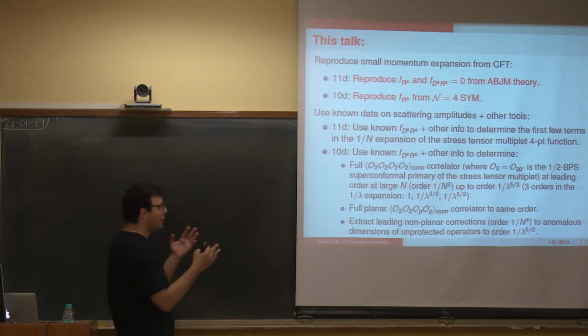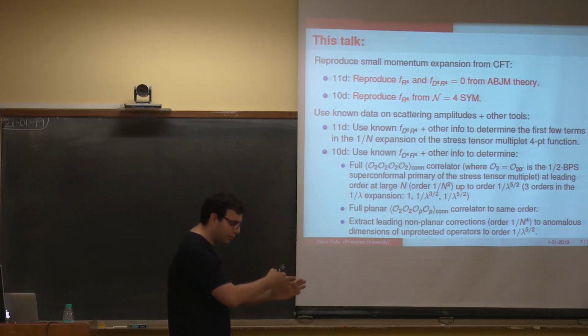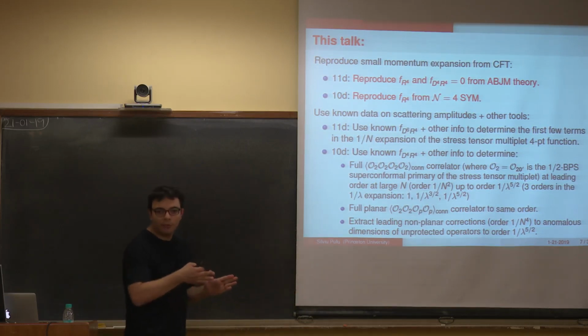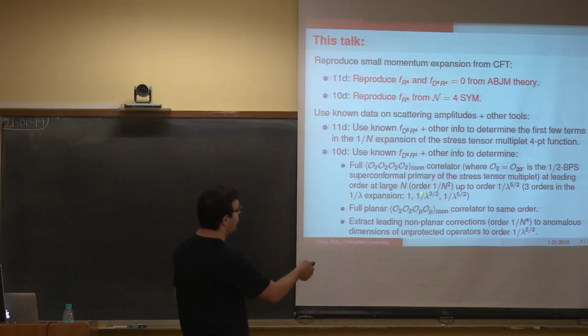What I'm going to be reproducing is the leading term in the 1 over N expansion, which can be expanded in 1 over lambda, and I'll be able to determine the first 3 terms in that expansion. Those will go like 1 over lambda to the 3 halves, and 1 over lambda to the 5 halves.